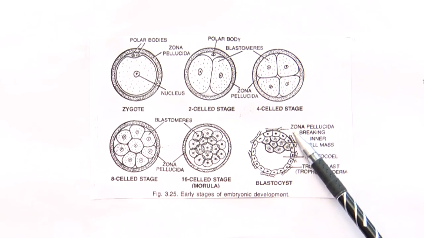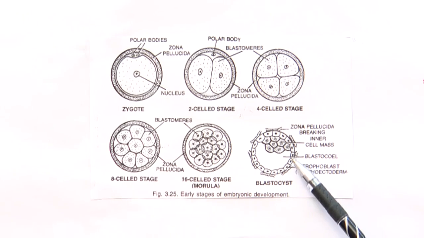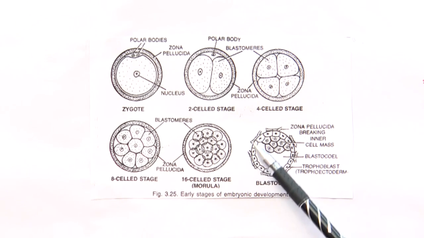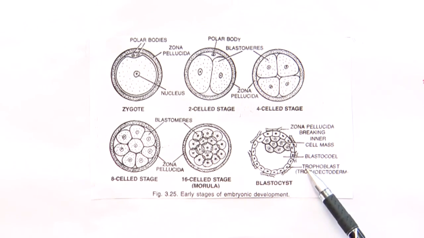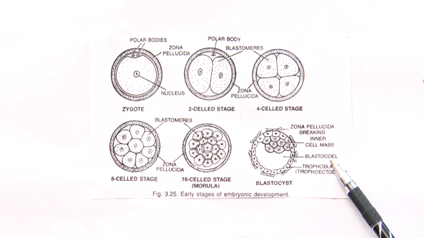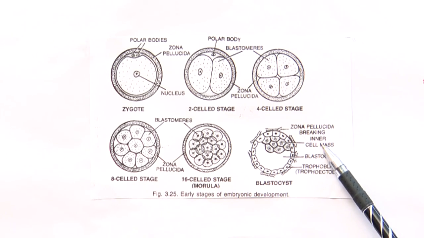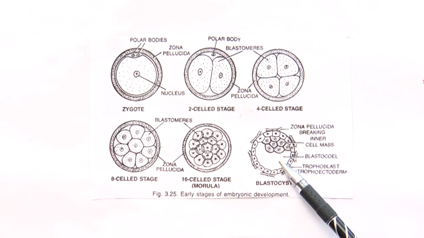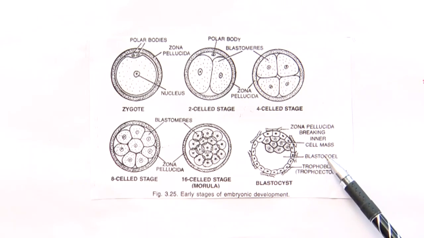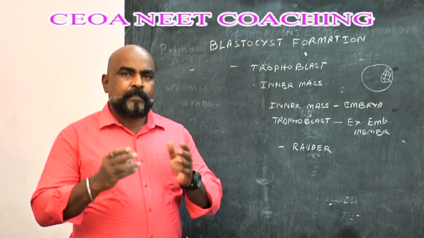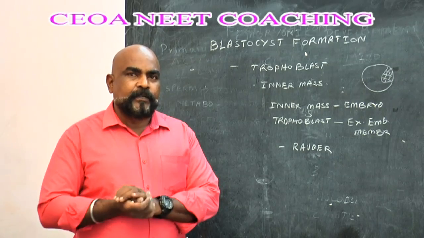It is getting broken, and here you can see an outer layer of cells which is called the trophoblast. And there is an inner cell mass attached to one part, and this is the inner cell mass. And the cavity formed is called the blastocoel. So the morula is converted into a blastocyst.